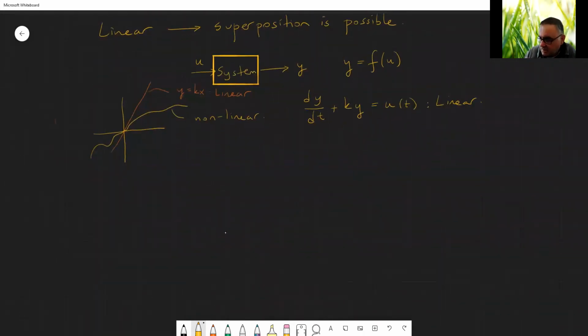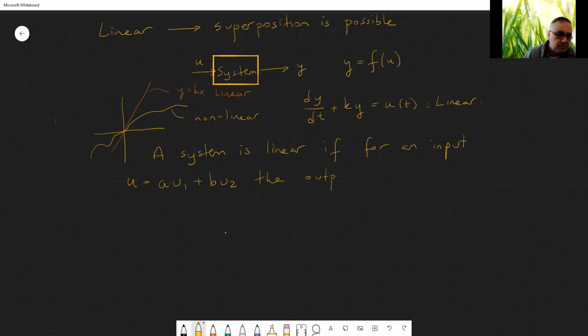And the definition of linearity is basically the following. If you have an input that is a combination of two different inputs with A and B coefficients, nothing, this is just the definition.